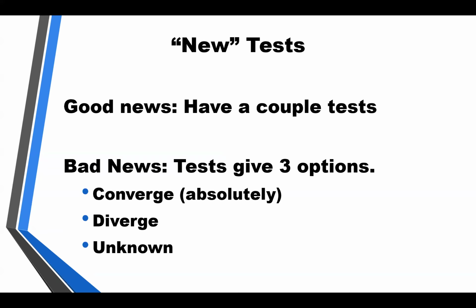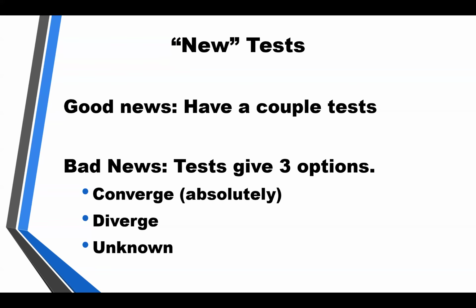The bad news is that each of these tests is going to give us three options. One option is going to conclude that the series converges. And not only will it converge, it will converge absolutely. You don't need to know what that word converge absolutely is versus converge. It just means converge.